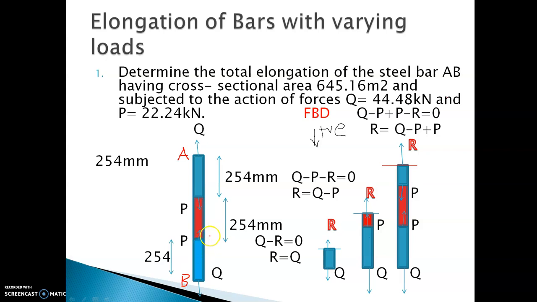Let this be point C, and here at C a load P is acting upwards, and let this be point D, and here also a load P is acting downwards.